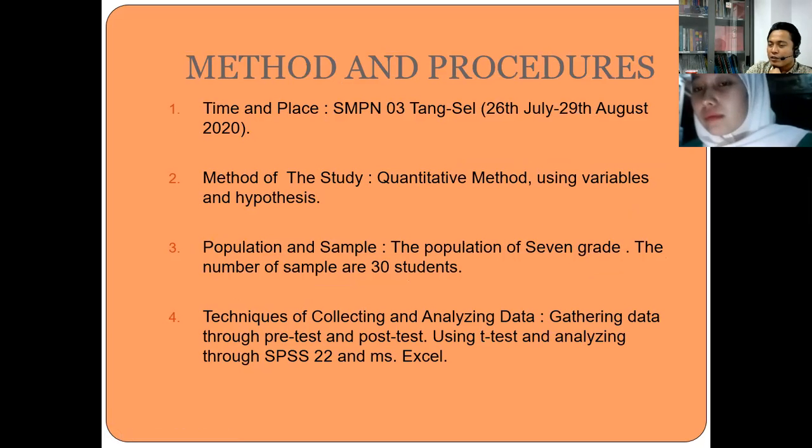When we talk about variables, there are two types. First is the dependent variable, and second is the independent variable. Now have a look at your title and try to classify which one belongs to the dependent variable and which one belongs to the independent variable.